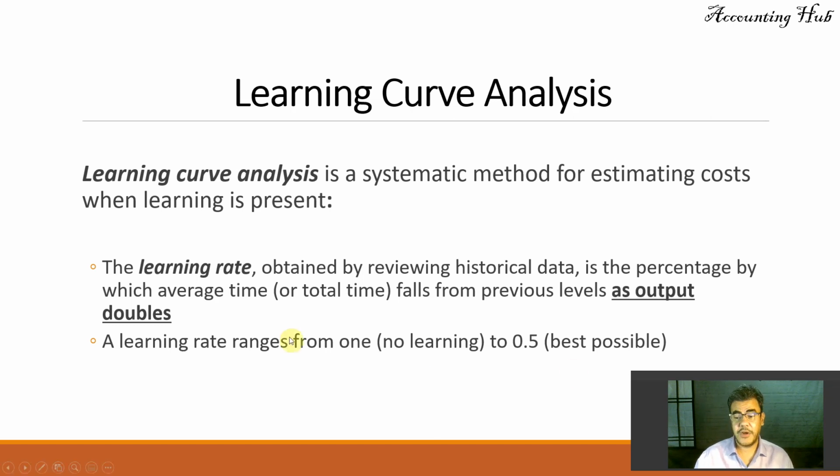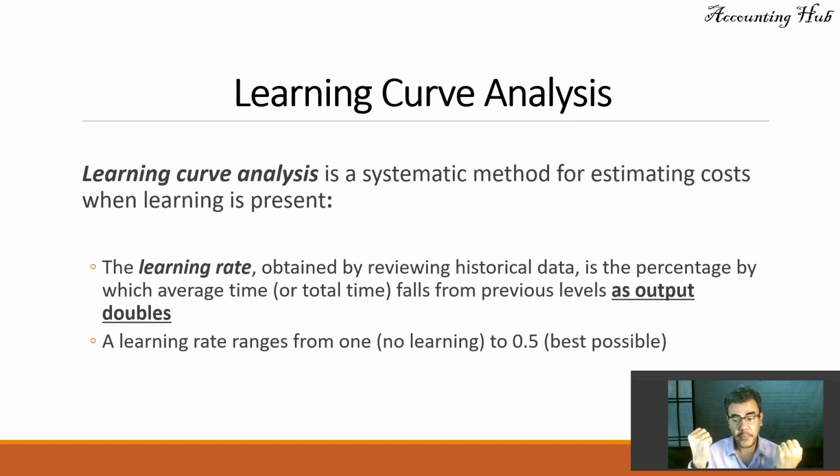So here is our assumption. When our output doubles, what is our learning rate? So how fast are we doing? Our learning rates range from one, so no learning. For instance, we are producing 100 units. Now we are producing 200 units. Our time is exactly the same.